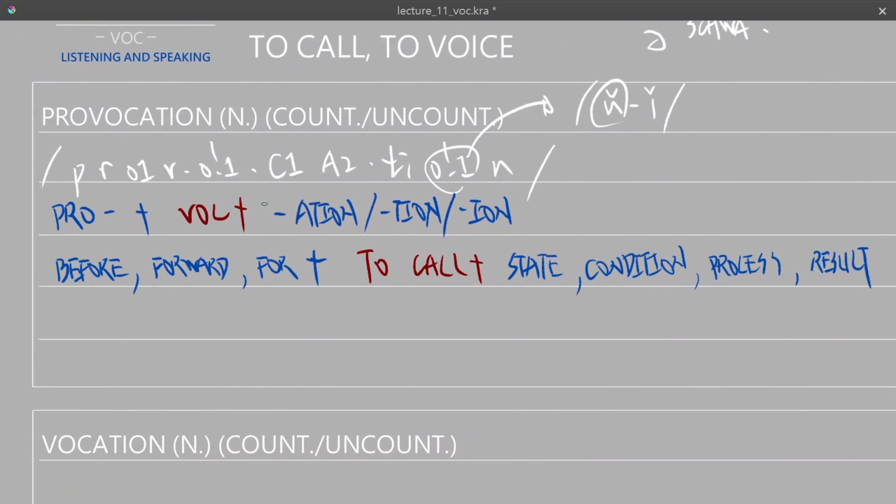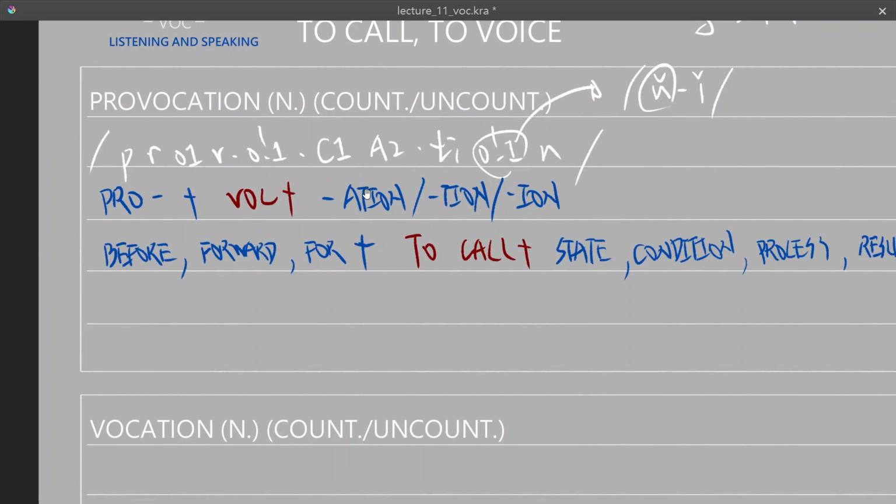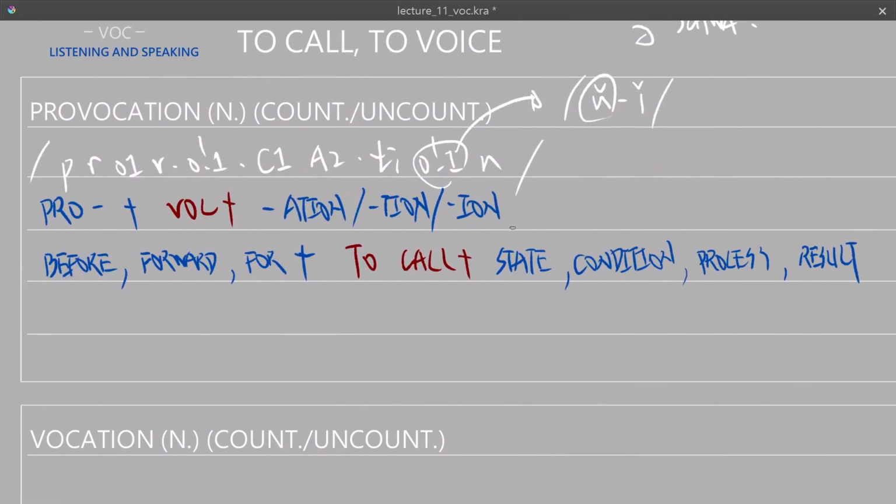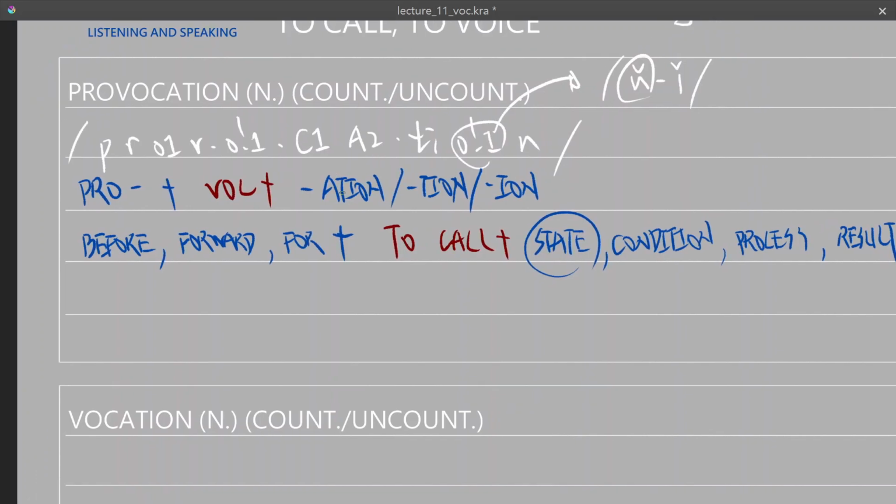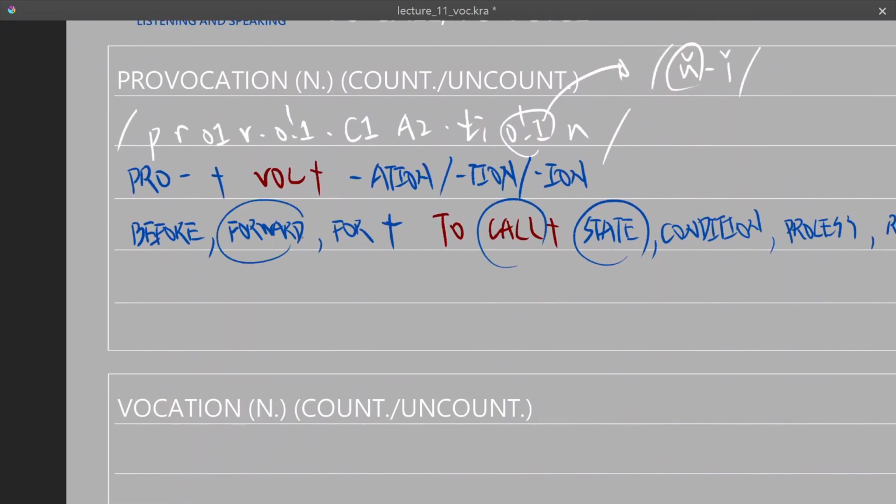So provocation literally means what? It means the state of calling something moving forward.